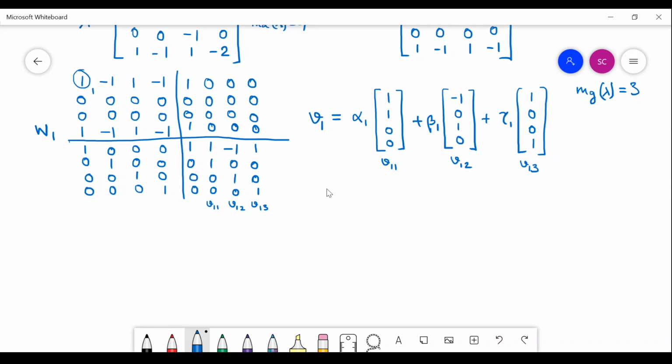So this V1 belongs to W1. This symbol means in, V1 in W1.